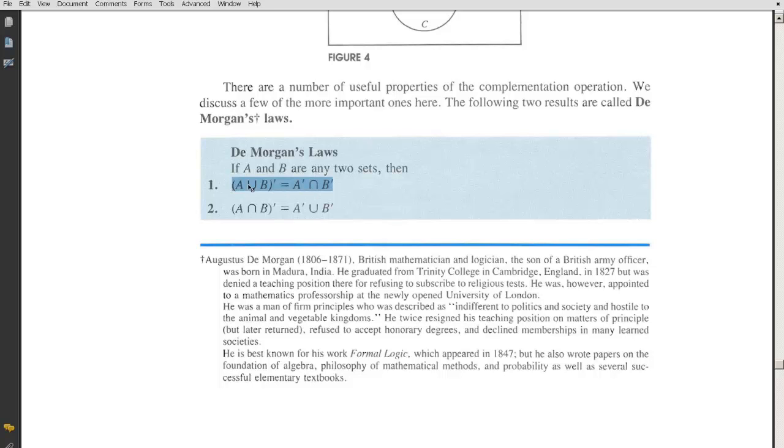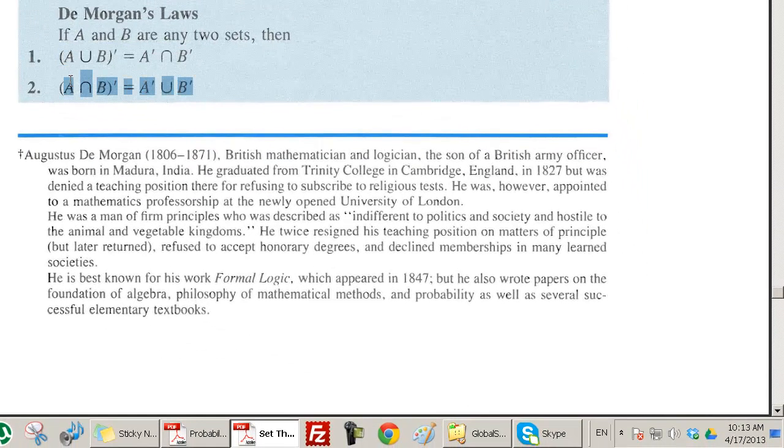Okay, but anyway, this is the first of DeMorgan's laws, and this is the second. They're separate laws. You're not allowed to change union to intersection and just pretend that it's the same, but it turns out that it is the same. And as I said, you can prove both of these statements, 1 and 2.